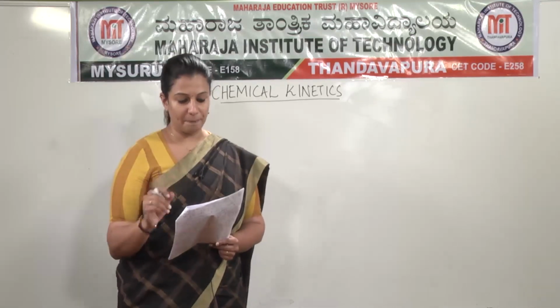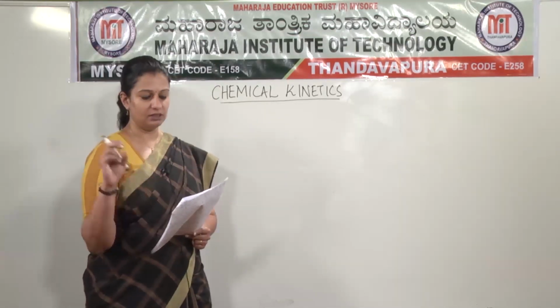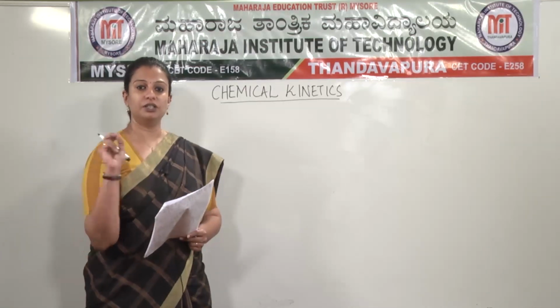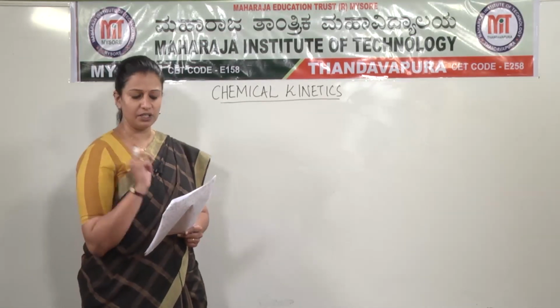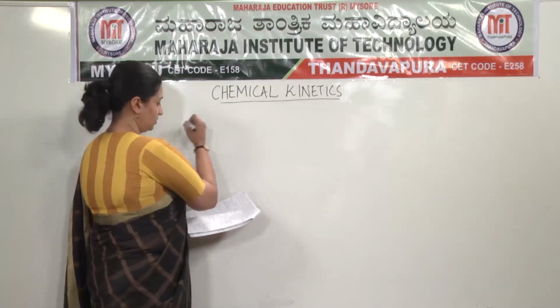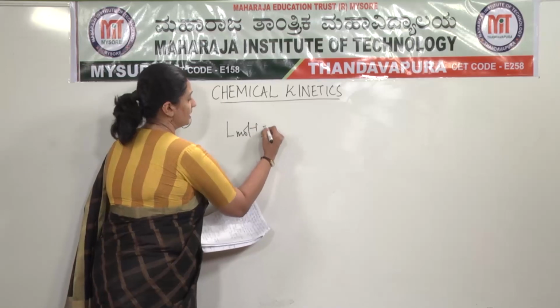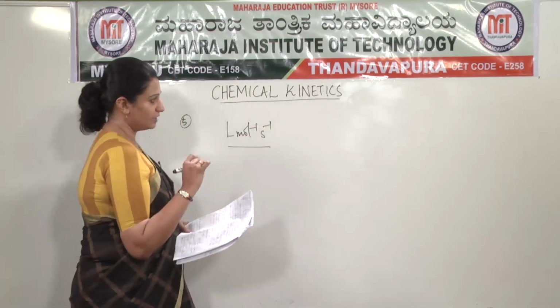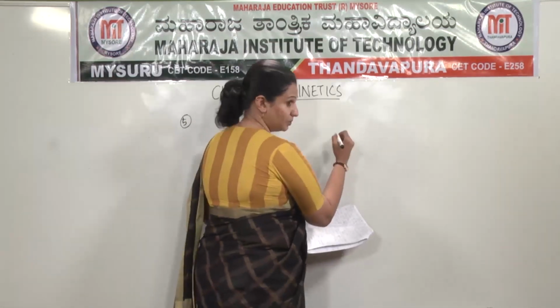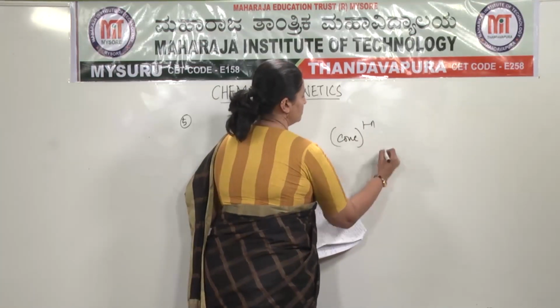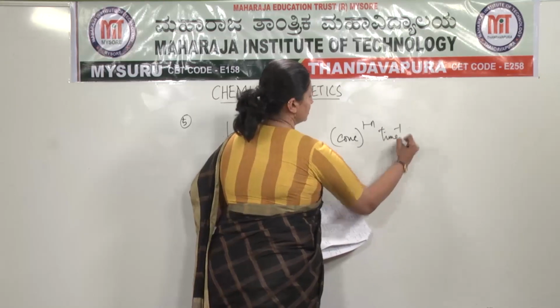That's the question. Again, a lot of values are there, but the key point is you have to check the unit of K. Looking at the unit of K, you can see that it is liter mole inverse second inverse. I have already given it to you that the unit of rate constant is generally written as concentration to the power 1 minus n, time inverse.